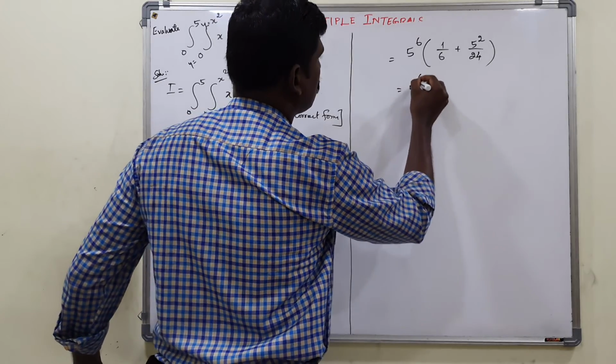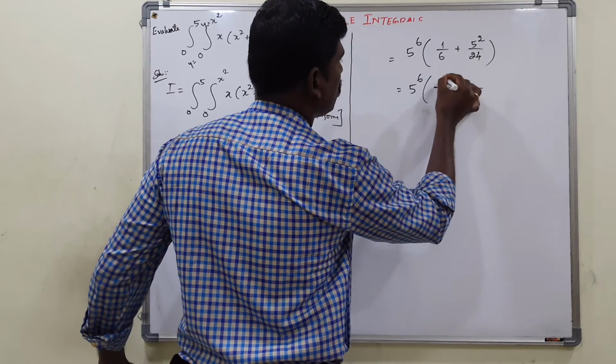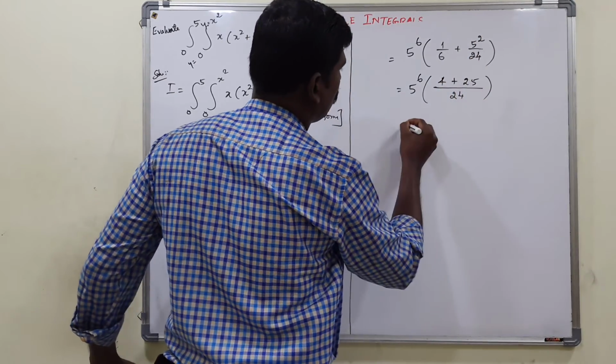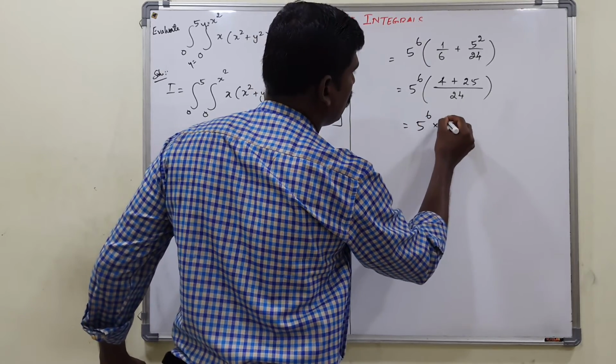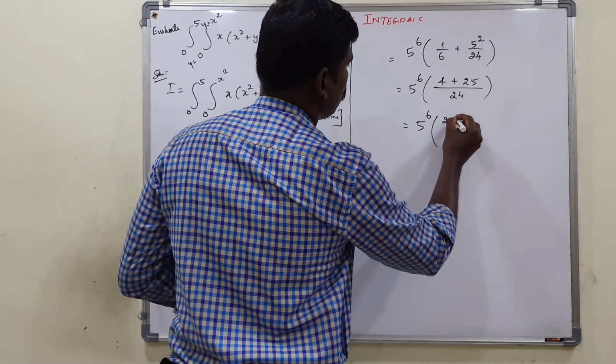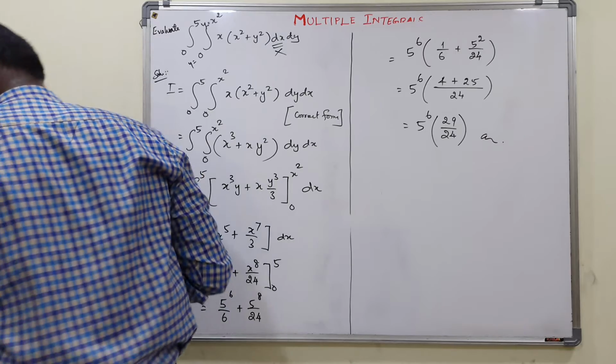So 5 power 6 into, taking 24 as LCM, so 4 6s are 24 plus 25. So that is equal to 5 power 6 into 29 by 24. Is the value of this integral. That's all.